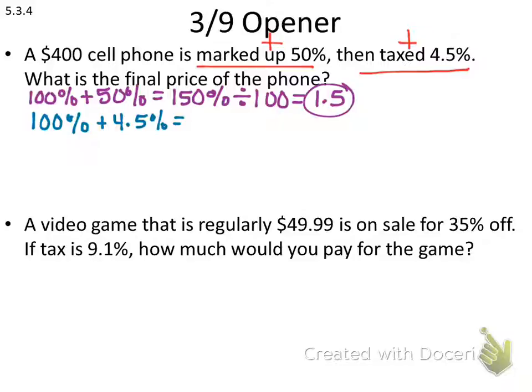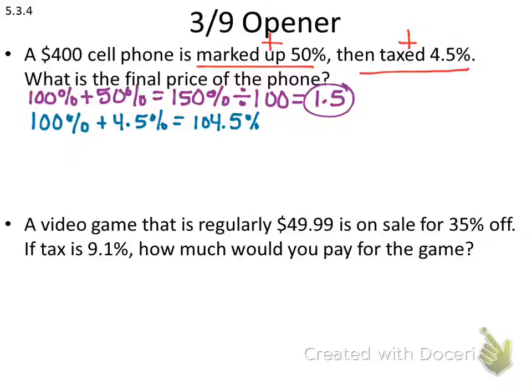Yeah, 100% in it. So just 100 plus 4.5. Is that right? So say it. It's either 4.5. What goes on the end of it? Okay. So now we're ready to move to step 3.